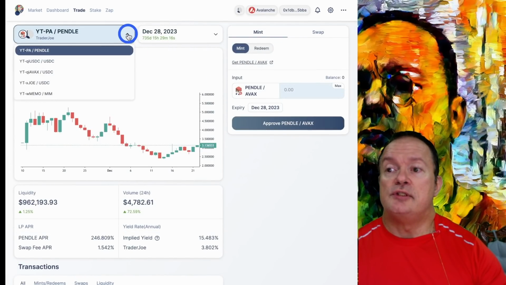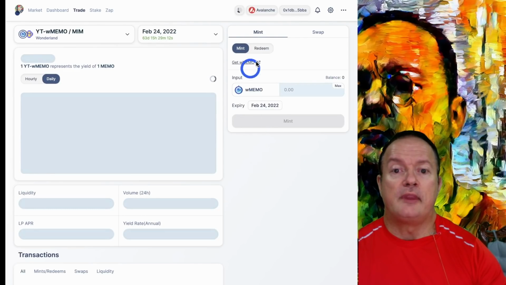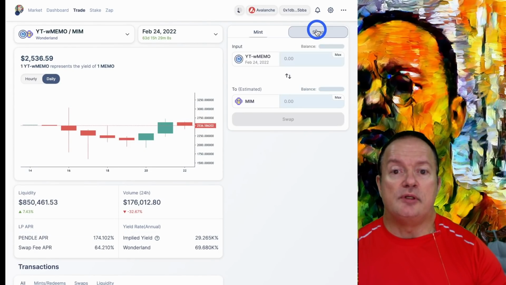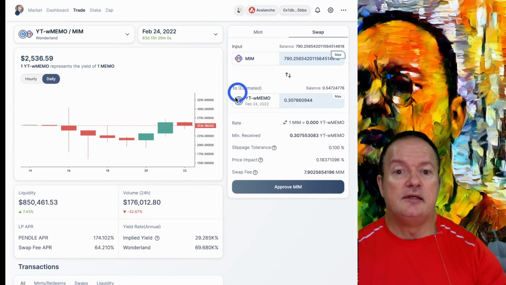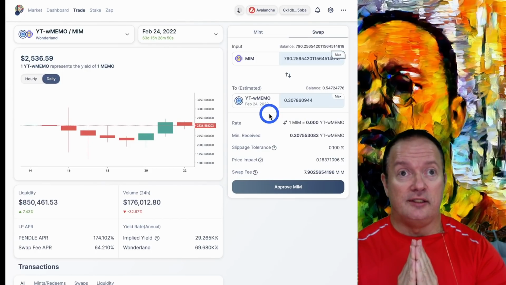And I'm going to change this for the YT-wMEMO token. And this time what we're going to do, we're going to hit swap. And we want to get MIM. We're going to take our MIM, I'm going to hit max, and we're going to get some extra YT-wMEMO tokens because that's how we're going to maximize our APY.